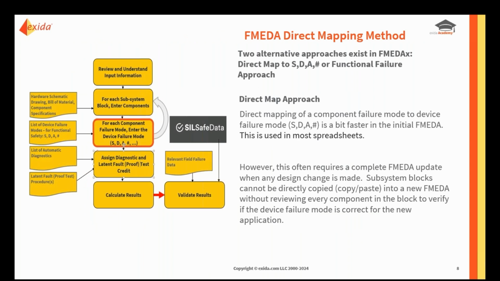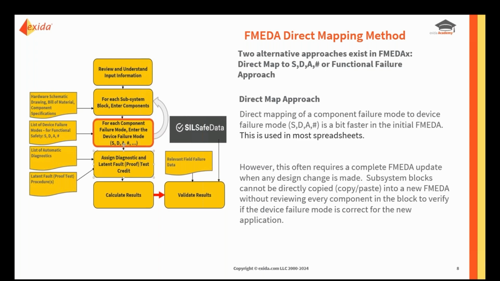So the classic way of generating an FMEDA is what we call direct mapping. So you go straight from your component failure mode to the end product failure mode. So you'll need safe, dangerous, annunciation, no effect. It goes fairly well, or it used to 20 years ago.